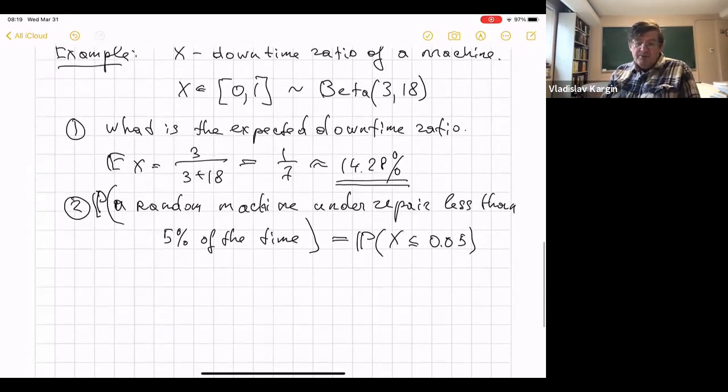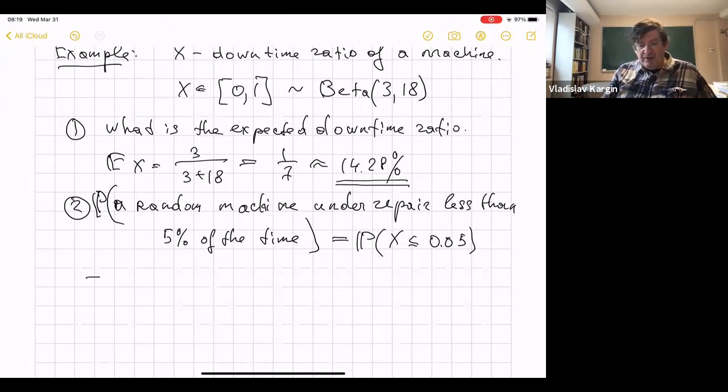This is clearly the probability that this random variable is smaller than 0.05. We can write down the integral, but unfortunately, it is possible to take it in closed form, but it's tough. It's much easier to use software.